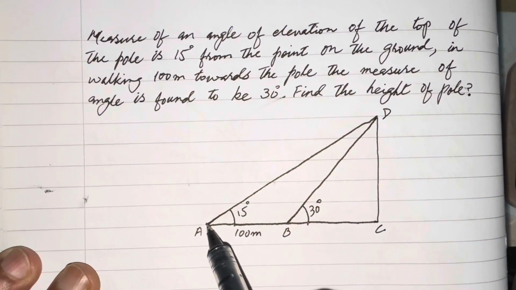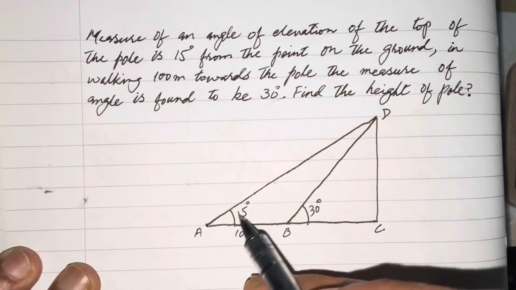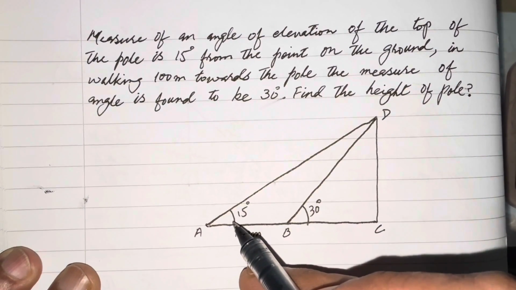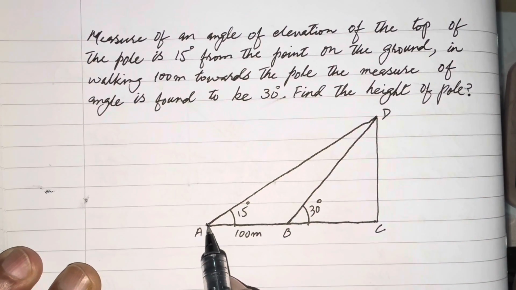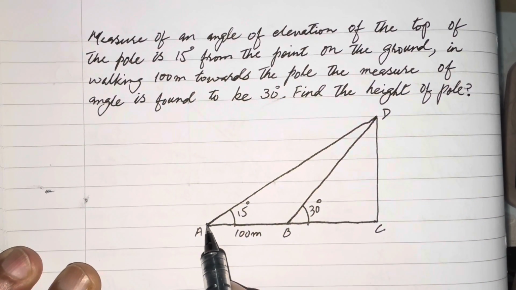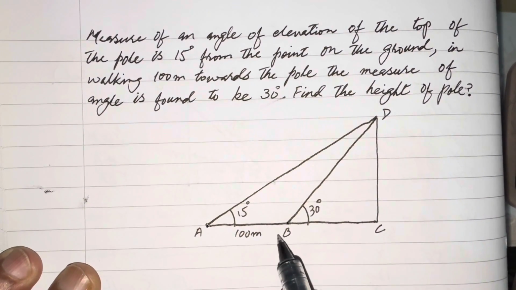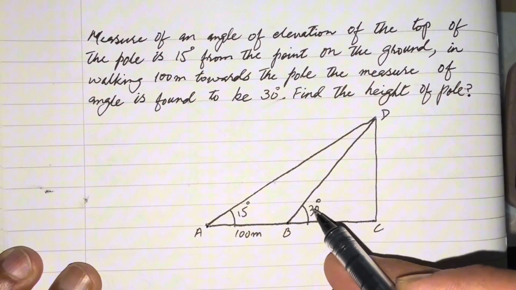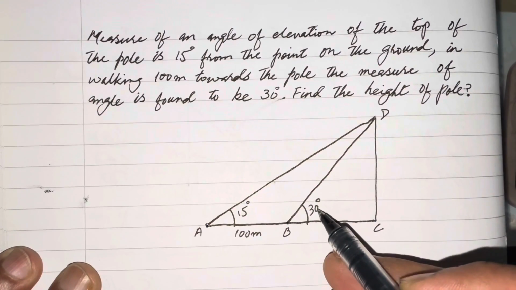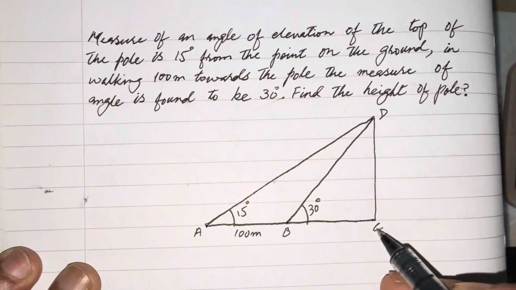That's the first point where the angle of elevation has been made 15 degrees. And when we walk from point A to B, 100 meters, we have found the angle of elevation is 30 degrees. So we have to find the length of this pole.